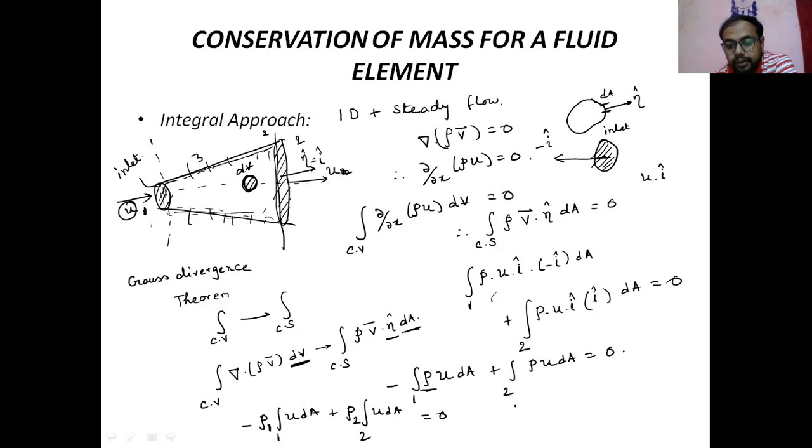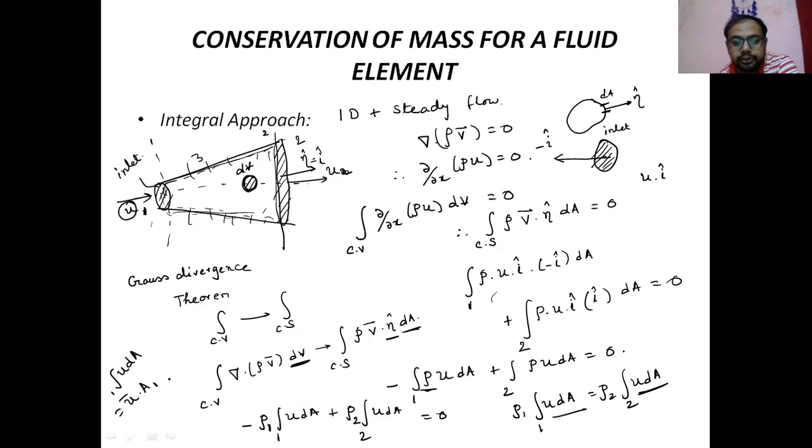So you're writing it down: rho 1 U dA at section 1, rho 2 U dA at section 2. This thing we are rewriting again: the integration of U dA over any section is equal to the average U times the section area.